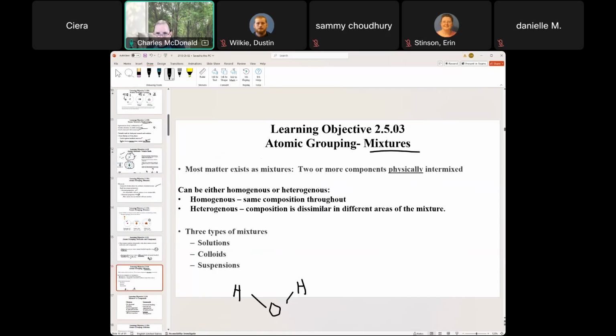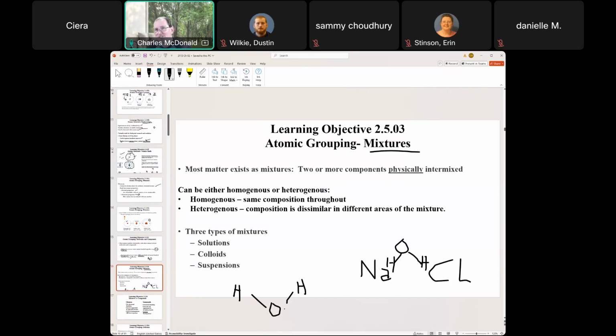A mixture is when you've got these guys and they just happen to be in the same place. So salt water, which is what we're made of and what the oceans are made of, has a lot of sodium and chlorine, and they're mixed in with the water, but they're not bound to it. Not the way we've been talking about.